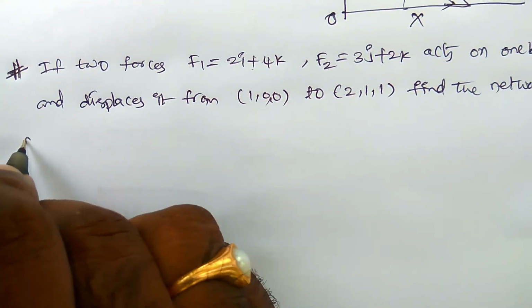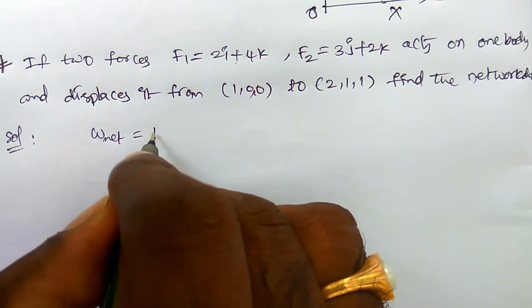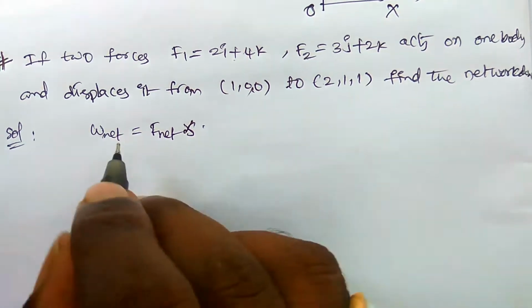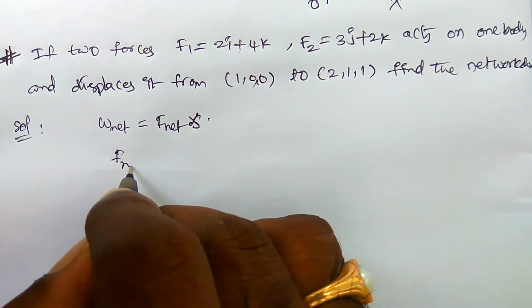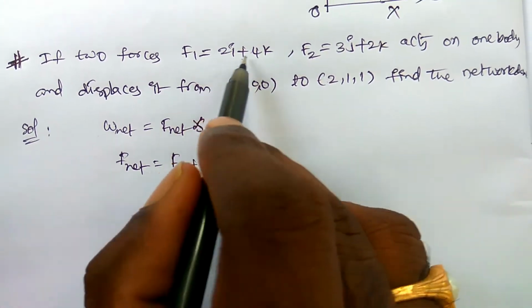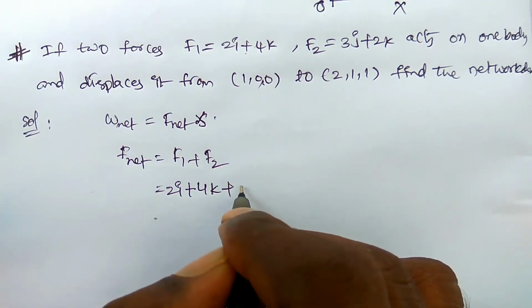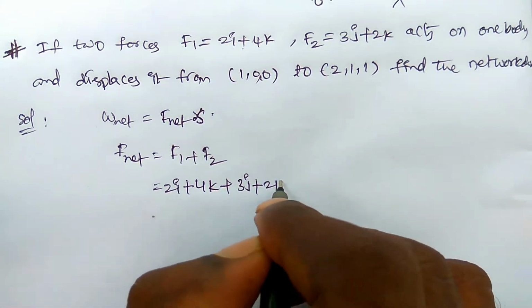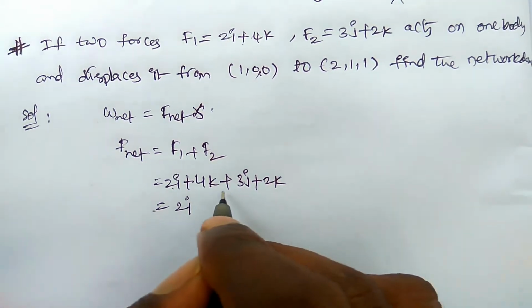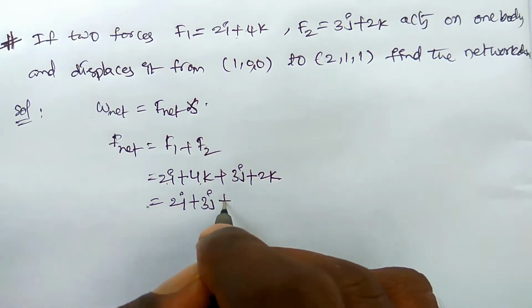Here is the solution. The formula: net work done is equal to net force dot displacement. The net force is F1 plus F2, that is 2i plus 4k plus 3j plus 2k. There is 2i, then the j factor is 3j, and the k terms 4k and 2k give 6k.